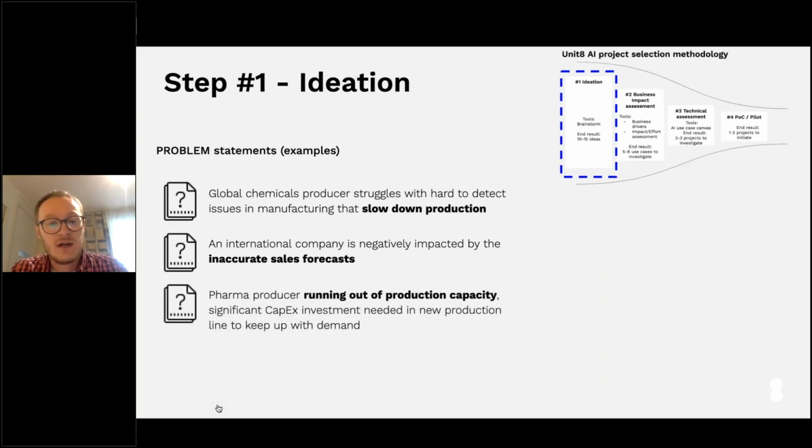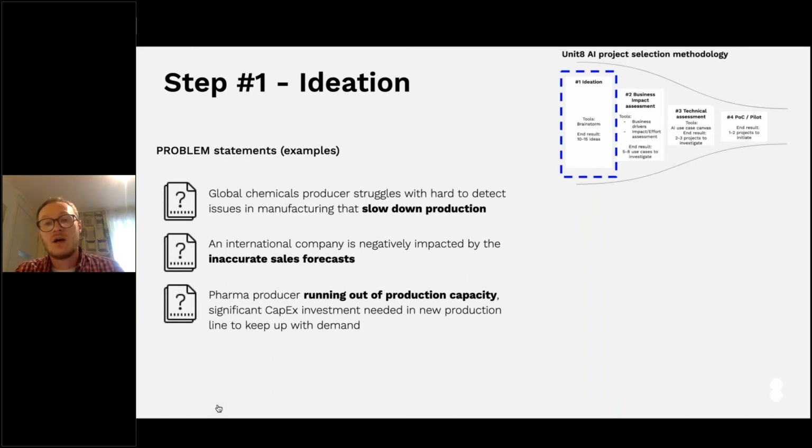Another problem statement that we've seen was again around the manufacturing space, where one of our pharma partners started to have the problem that they were getting more demand from their customers than the supply could produce, meaning they were getting more requests than they could produce of the goods.